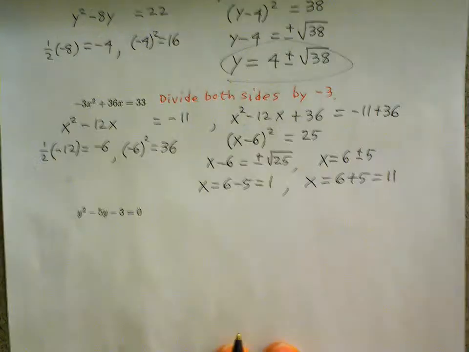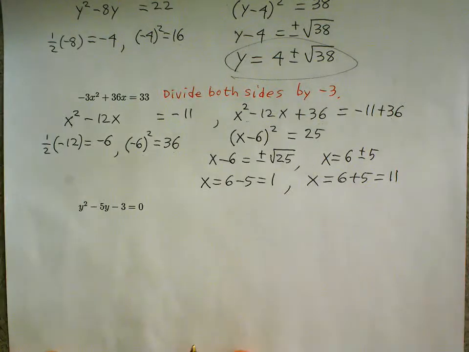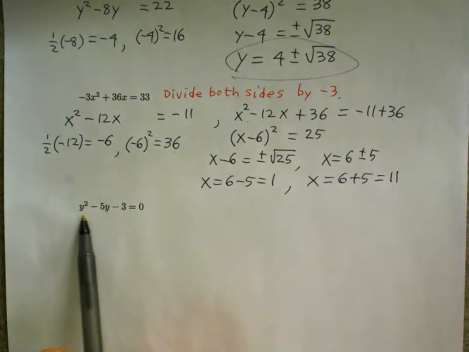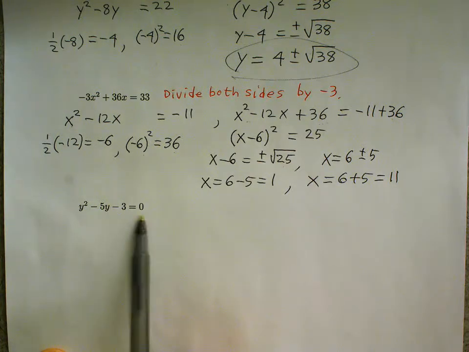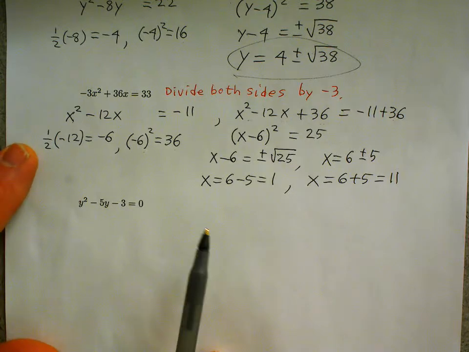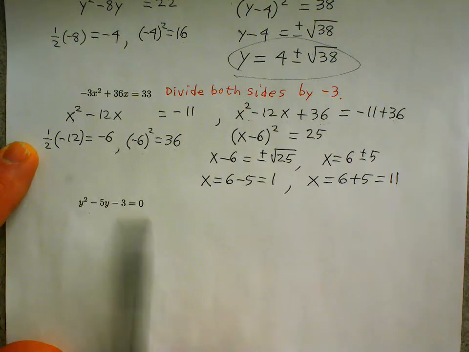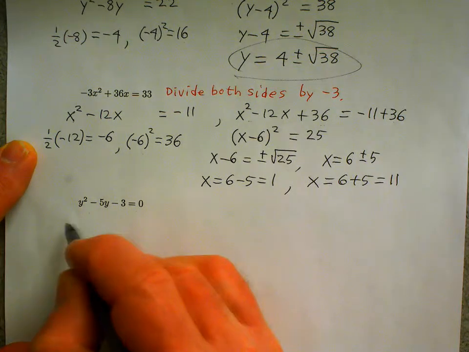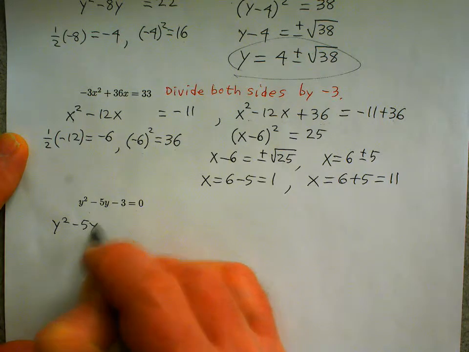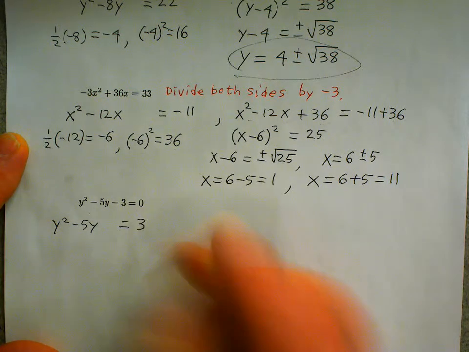And the next example, solve by completing the square. This time we have y squared minus 5y minus 3 equals 0. So first, let's add 3 to both sides. So we get y squared minus 5y equals 3.